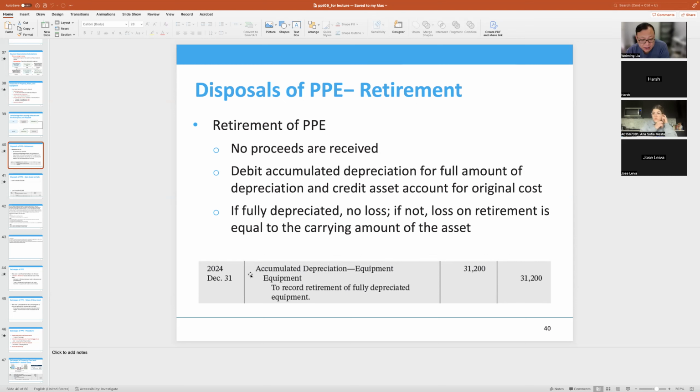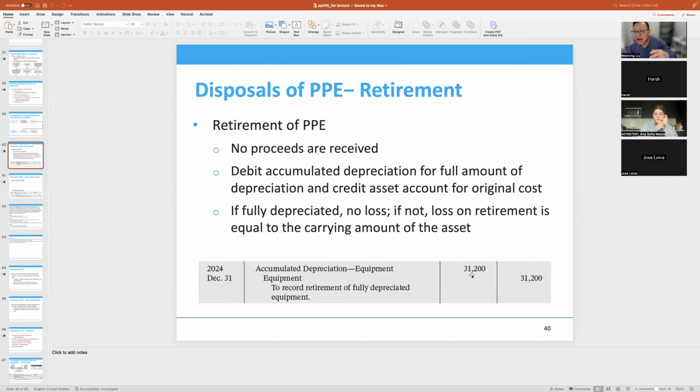And it's fully depreciated, okay? So the cumulative depreciation on the equipment is also the same balance. When you retire the asset, you remove it from the balance sheet. The way to do it is you just close those two accounts to make the balance zero.